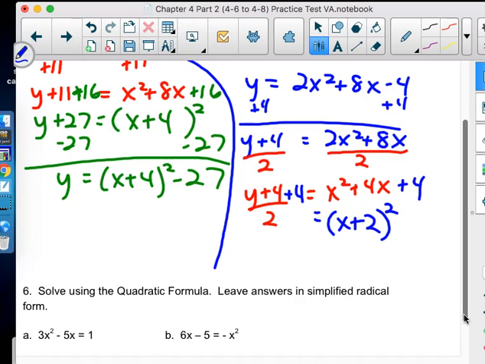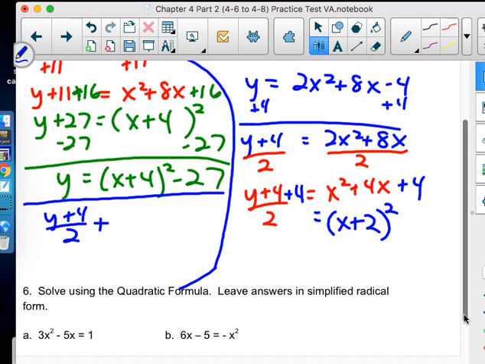Now, why does the left side take more work? Because it's a fraction. And with fractions, if you want to add something, you have to have a common denominator. So we have to figure out, I didn't give myself enough space, I'll put it over here. Y plus 4 over 2 plus, how do you write 4 with a 2 on the bottom?